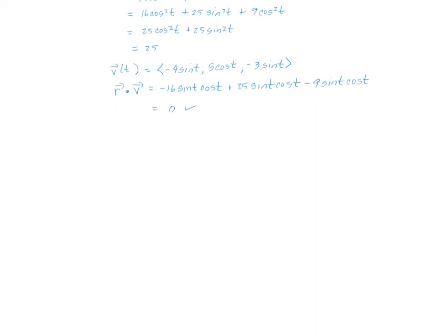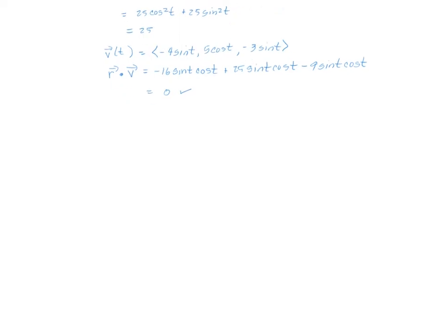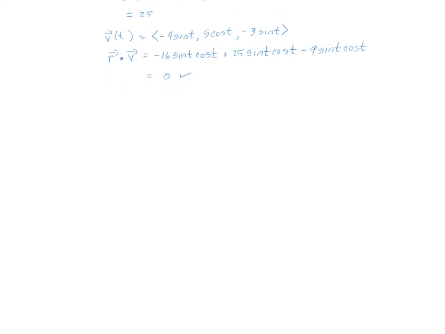All right, so we have this circular path. It's centered at the origin, but we haven't talked about how it's generated. So it's generated counterclockwise. And it has a radius of 5.